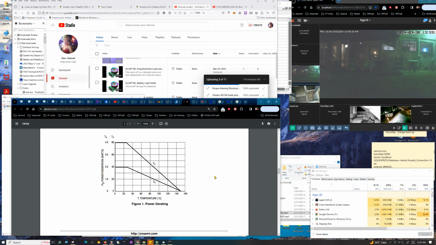Let's say you've got a fan exhausting air out of the enclosure, and on the other side you've got some vents so fresh air can enter. You want to measure the temperature a quarter of an inch or so on the vent side of the component, where the air is coming from, because that's what's going to be cooling the component. That's going to be your ambient temperature.